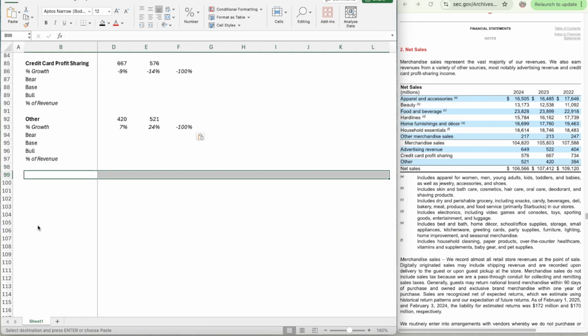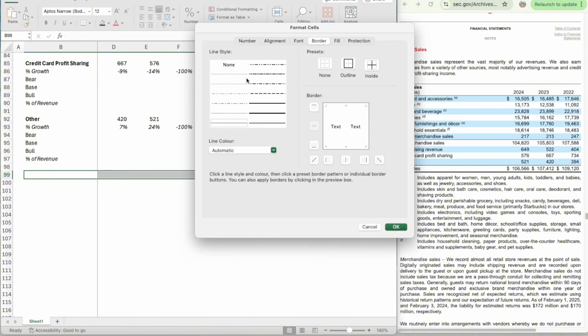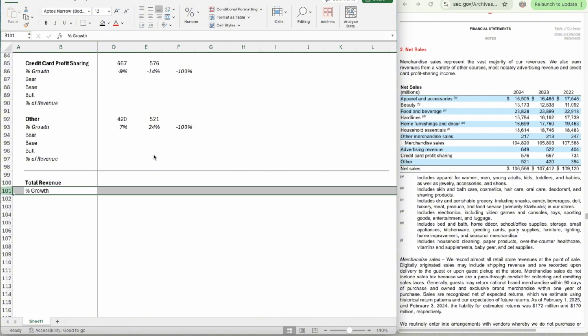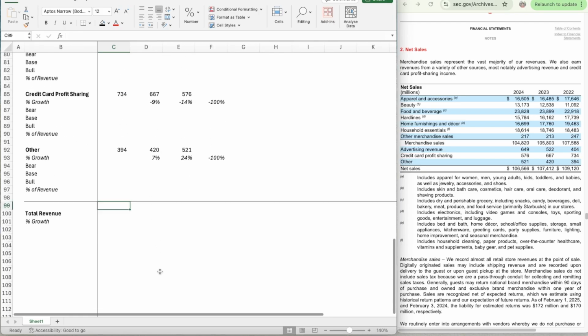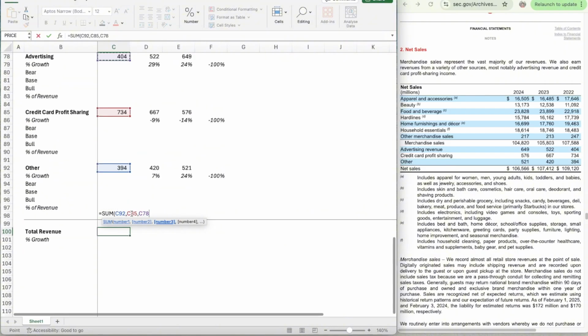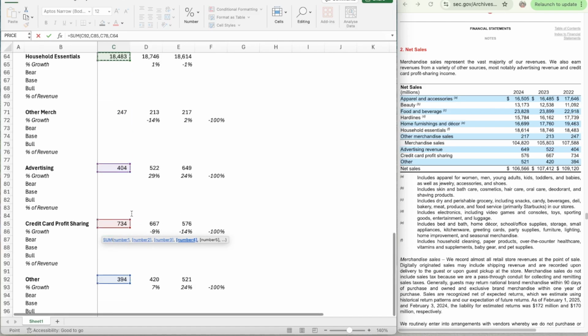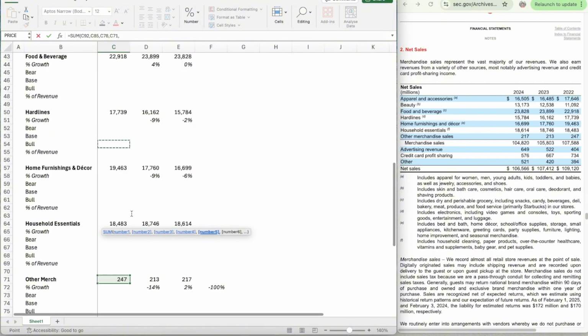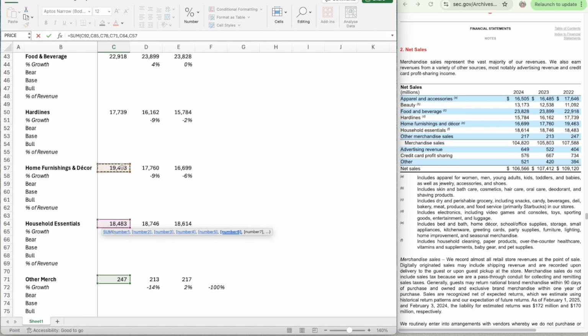I think it's Control-1, border. The total revenue is the sum of each revenue segment.